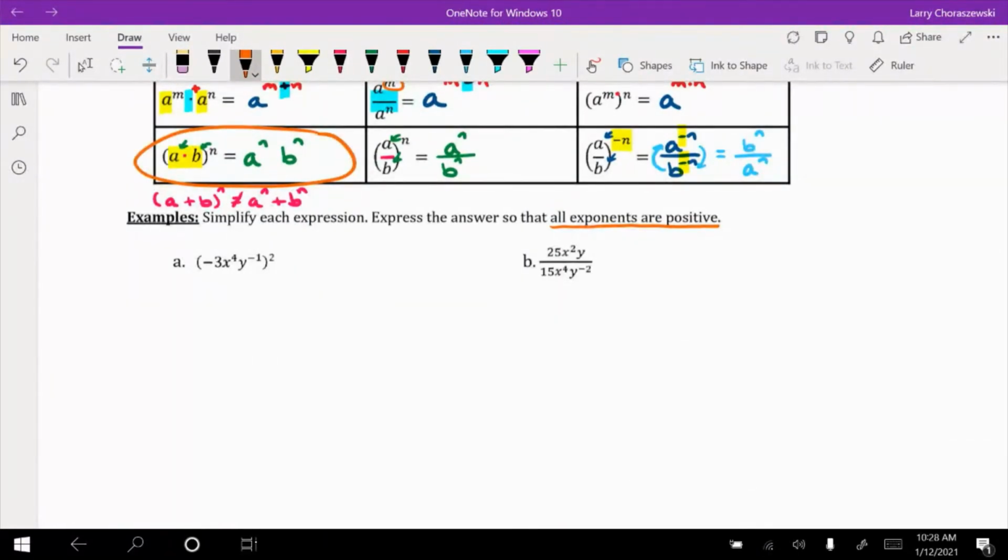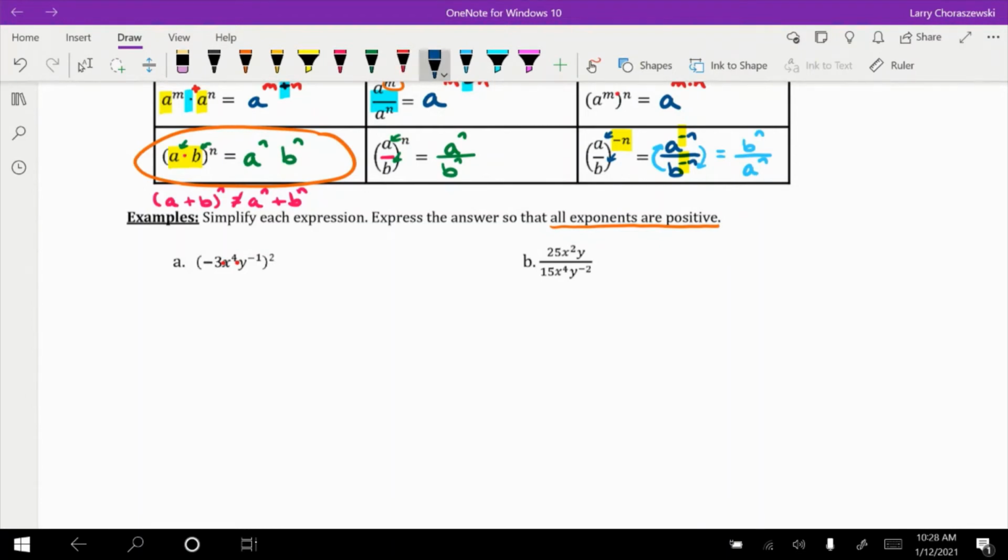Now, there are actually 3 factors in the set of parentheses. The first factor is negative 3. Second factor is x to the fourth. And the third factor is y to the negative 1.